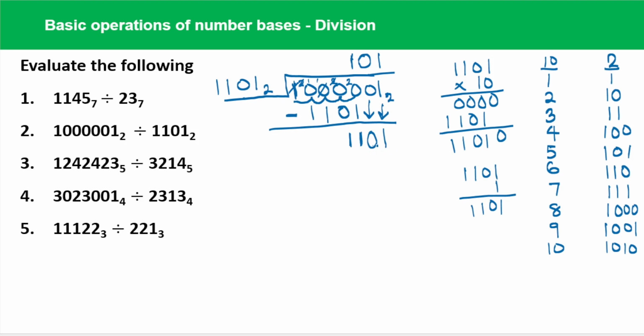Therefore, our answer to this long division, 1000001 base 2 divided by 1101 base 2 is equal to 101 base 2.